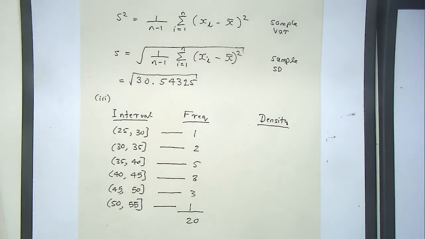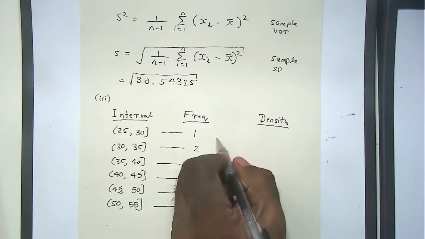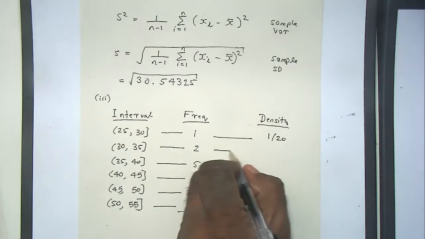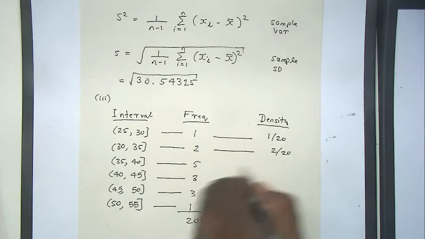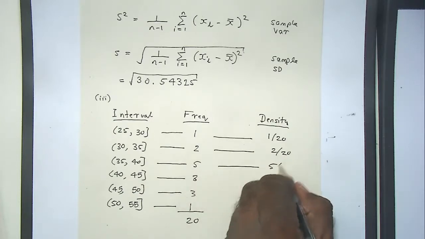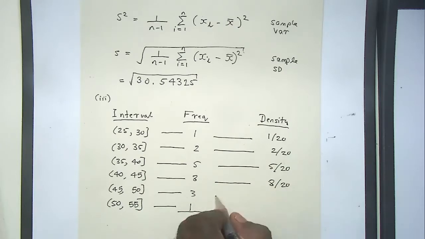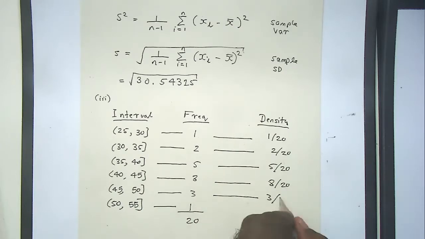All of this should add up to 20, because you have 20 data points in total. And the density is simply the frequency divided by the total number of data. So the density will be 1 divided by 20, 2 divided by 20, 5 divided by 20, 8 divided by 20, 3 divided by 20, and 1 divided by 20.